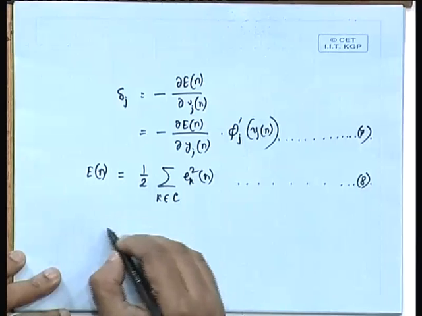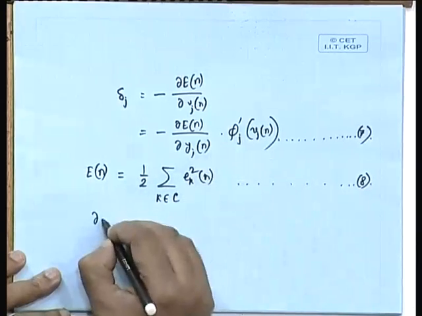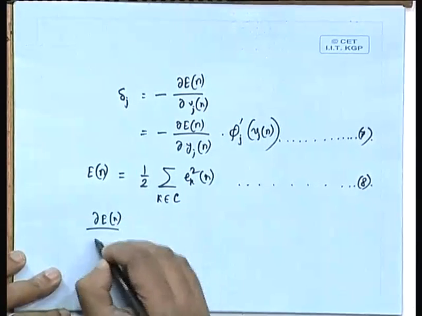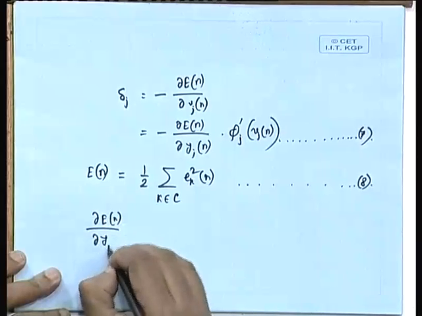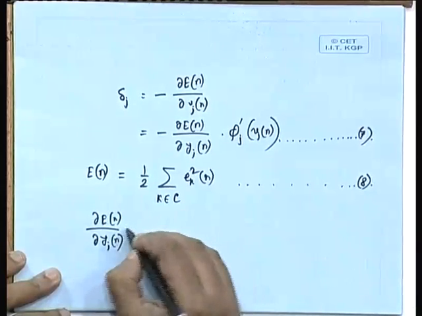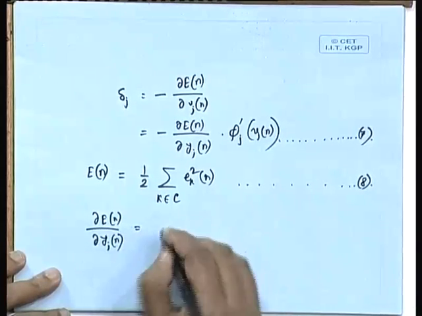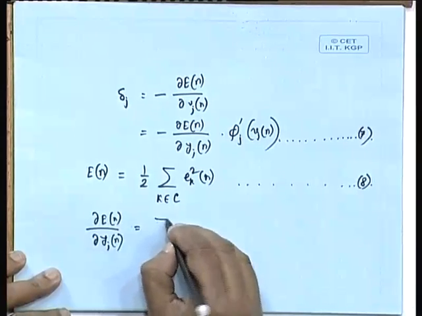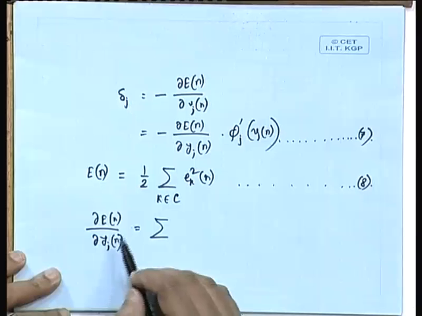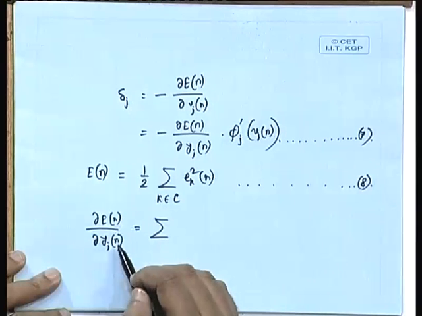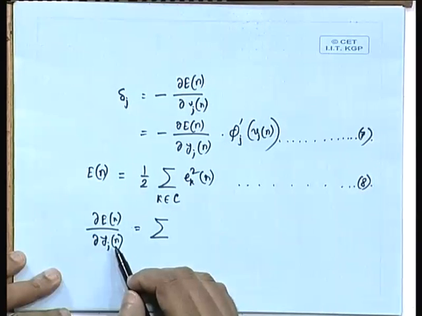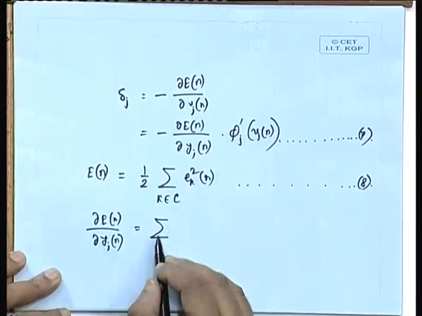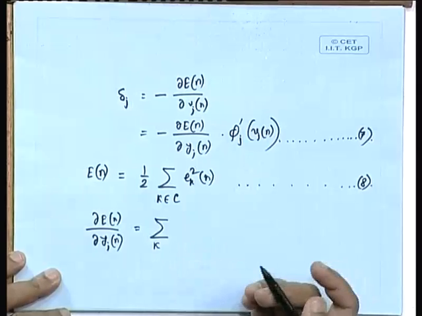Now, with that idea, let us try to compute dou En by dou Yj of n. We can first differentiate with respect to Ek, and then Ek can be differentiated with respect to Yj, and that we have to sum up over all the K's.